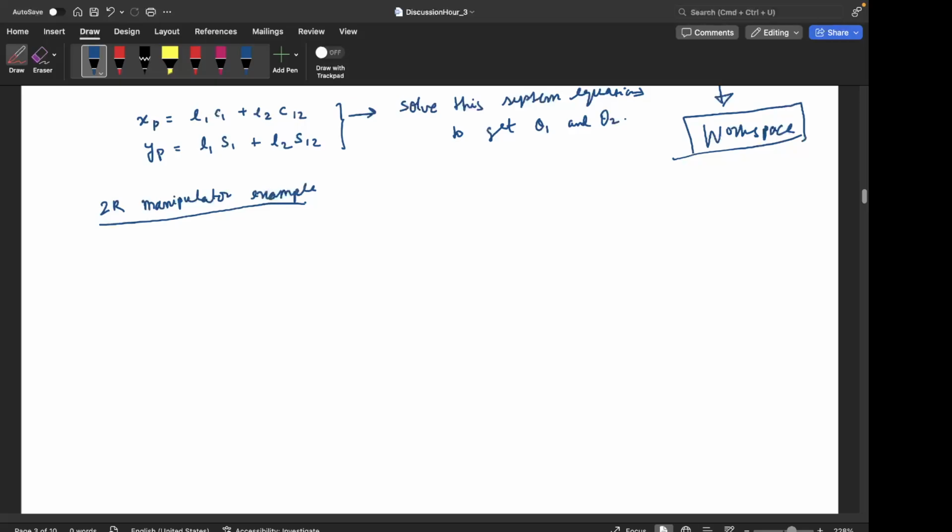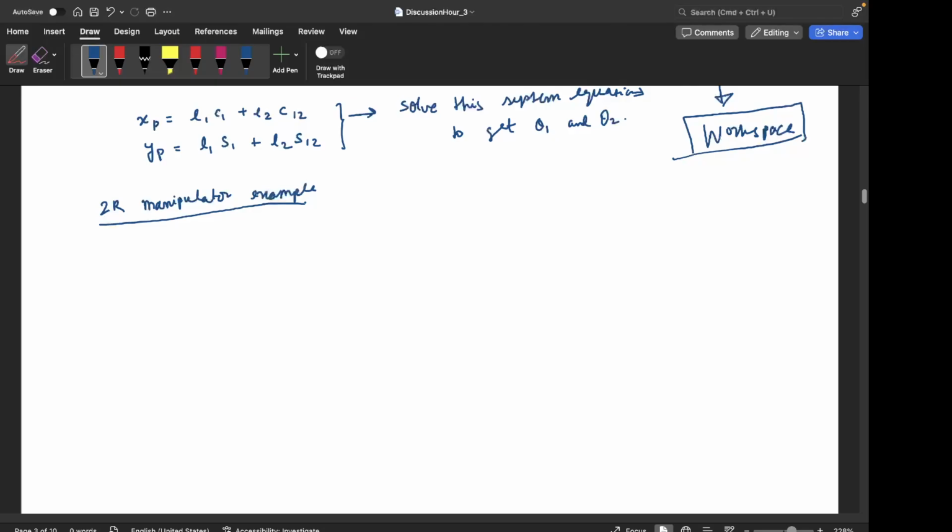For a certain configuration and arrangement of joints, you can have a certain way of doing inverse kinematics, but for different robots it might not be applicable, which is different from direct kinematics, where there is a standard way to do direct kinematics for all the robots that are there.